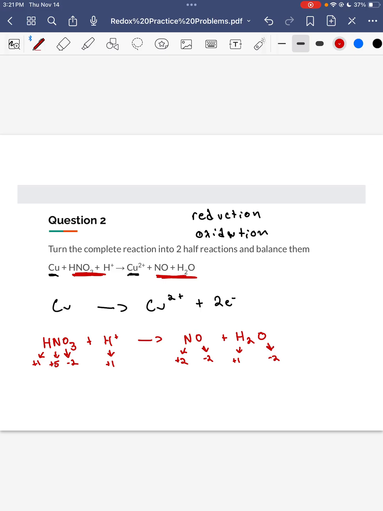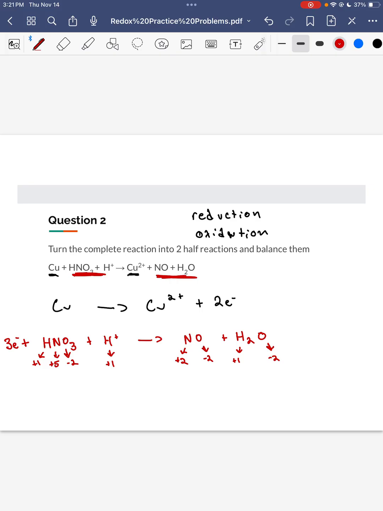Now I can find that the actual thing that has been reduced is my nitrogen. My nitrogen has gone from +5 to +2, which means that on the left side of the equation, I'm going to have to show that reduction by having 3 electrons over here that must have been gained moving from left to right.